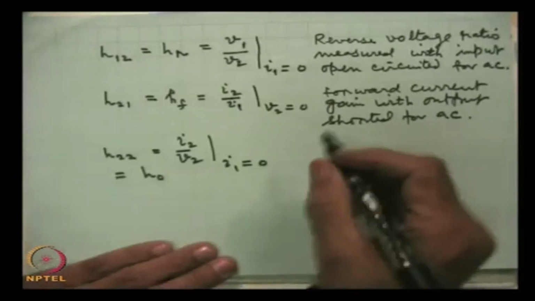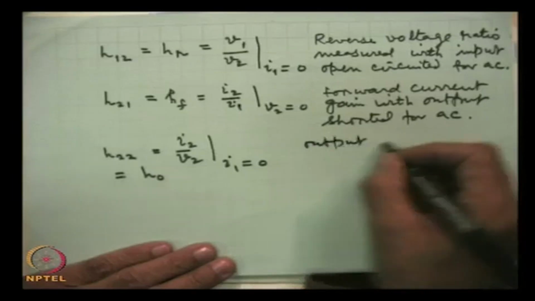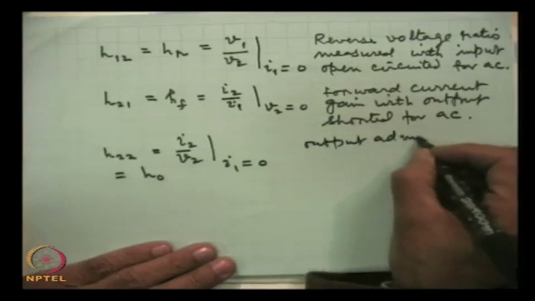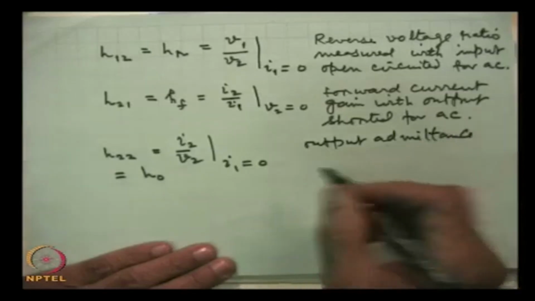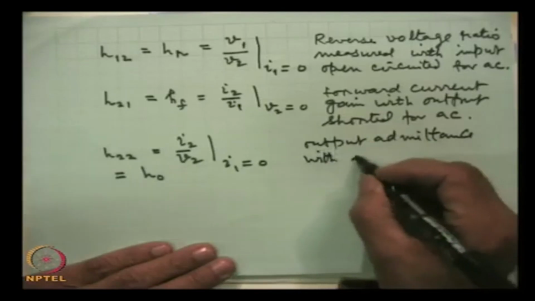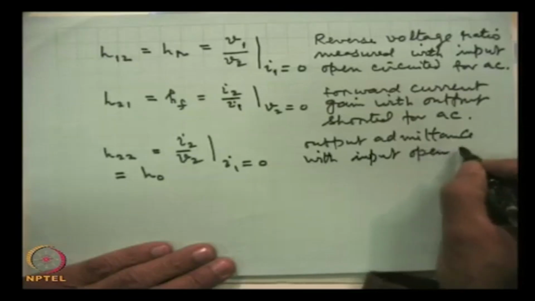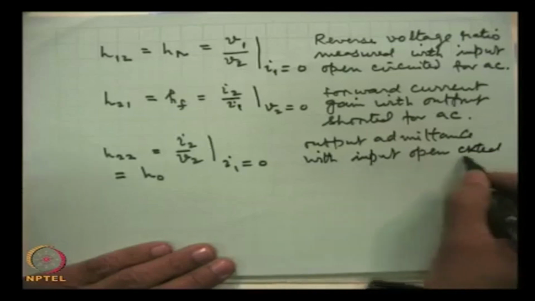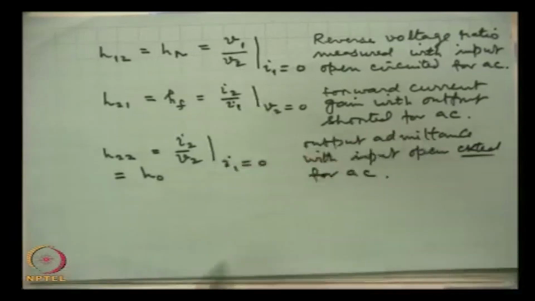So this is the output admittance with input open circuited for AC. So these are the 4 parameters.